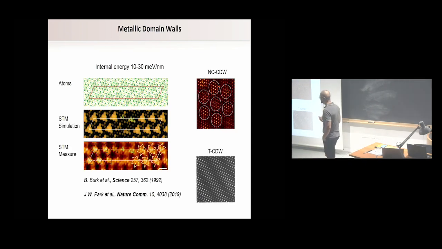Okay, the reason why it's easier to control it in this charge density wave system than in a simply structurally distorted material is that here you can easily form, so to say, clustering of David stars, domain walls that are metallic.